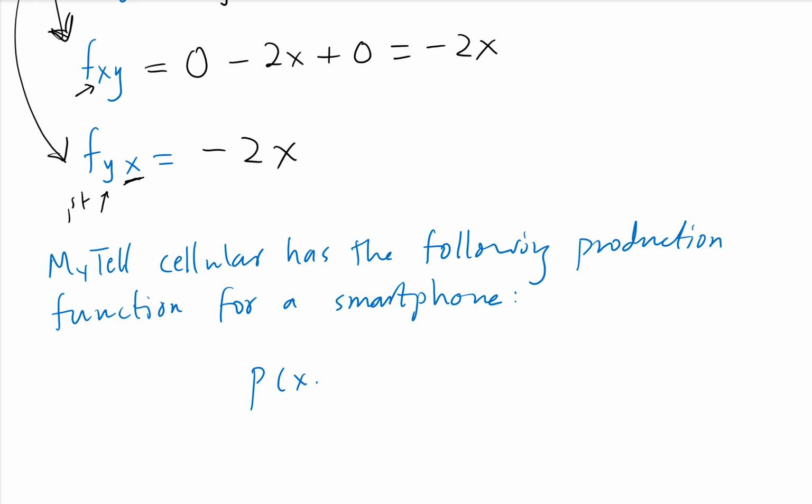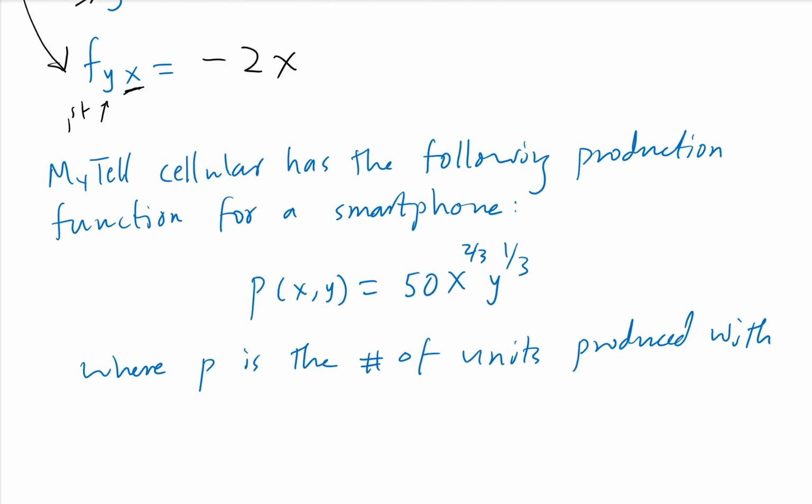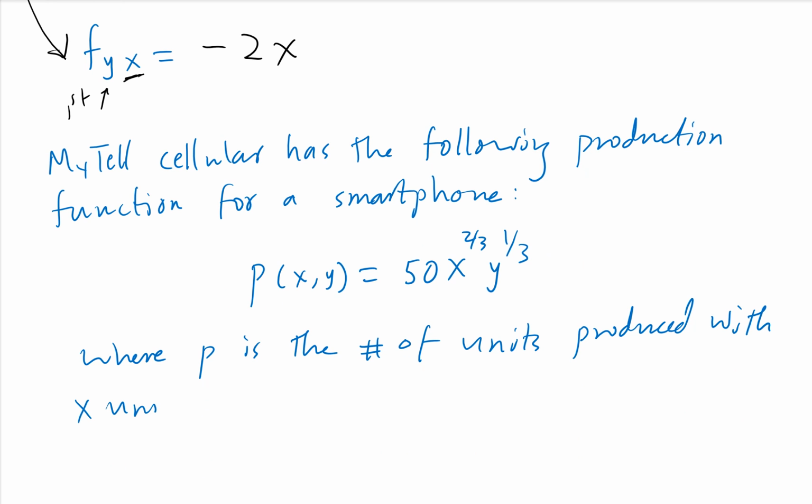P of x,y equals 50 x to the 2/3 y to the 1/3, where P is the number of units produced with x units of labor and y units of capital.